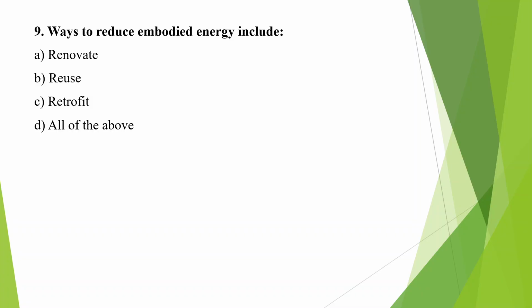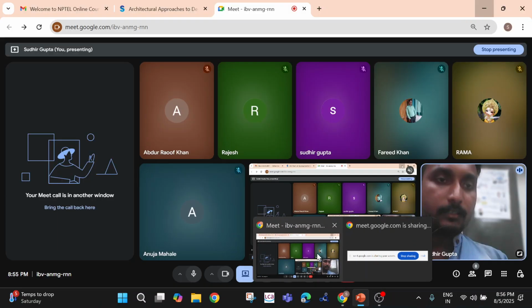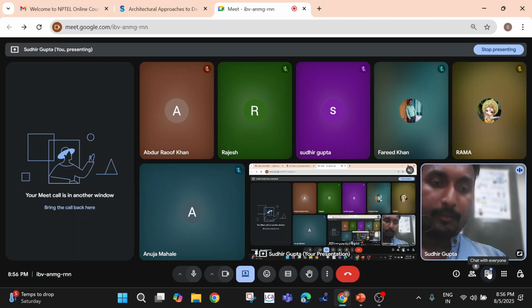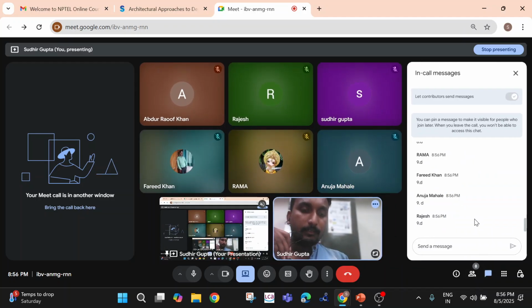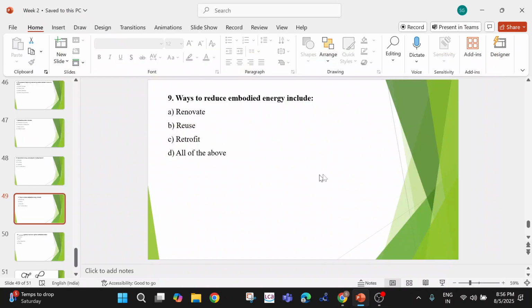Meanwhile, let's see how many of you have answered. See, all of you are opting for the correct answer in one go. So I don't think any further discussion is needed for this question. That is option D, all of the above.